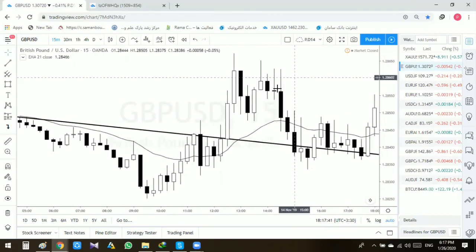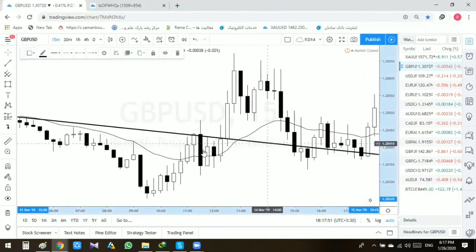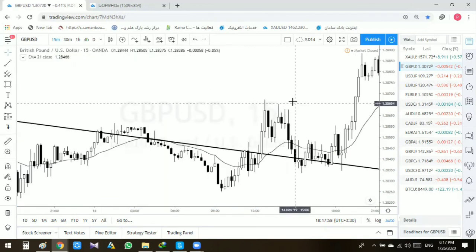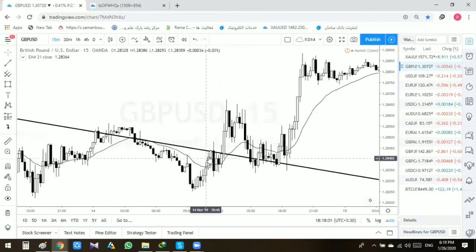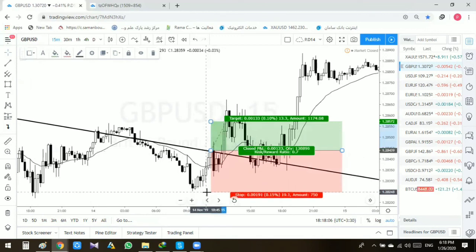You know, I can't be sure about my entry right now. It is for 1 month or 2 months before, but this candle, okay. You see this candle broke that one, and I could get my entry right on this candle. My stop loss was right here, right?